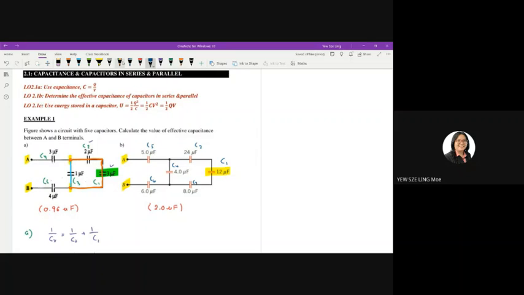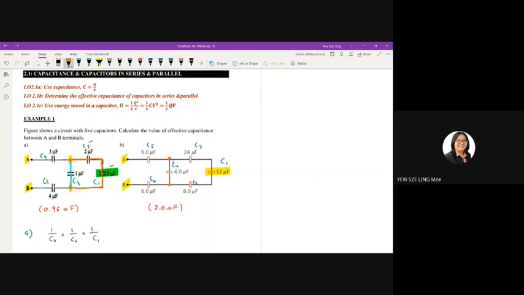So what I'm going to do again is identify the junctions. The closest junctions to C1 are these two orange color dots.